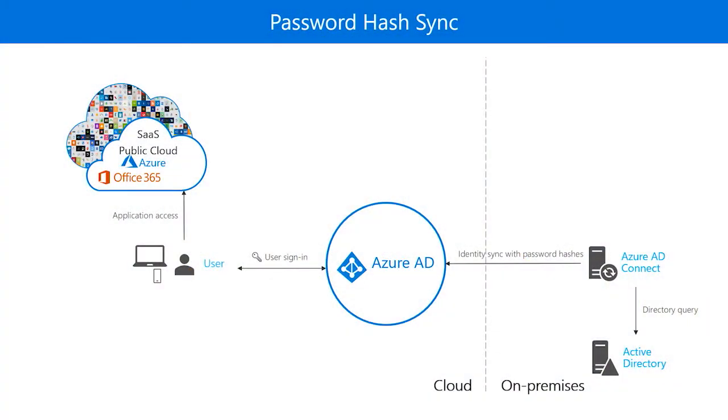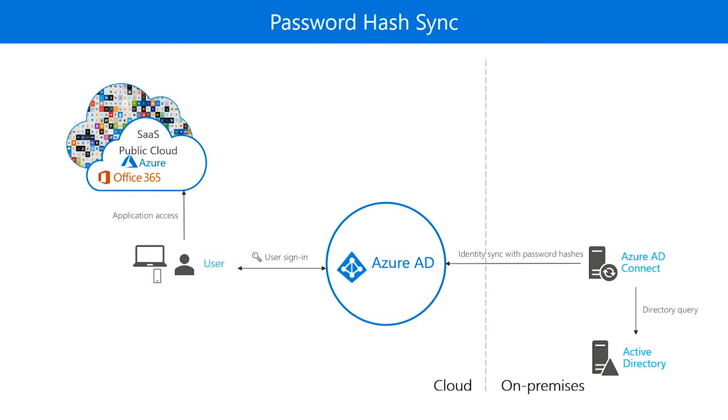Here's how password hash sync works. First, you install Azure AD Connect, our provisioning tool, to actually provision users from on-premises Active Directory into Azure AD, and you also enable password hash sync as your sign-in option. Now, on-premises Active Directory never stores passwords in clear text, but in hash form. A hash is the value that you get from a one-way mathematical function applied on a clear text password.